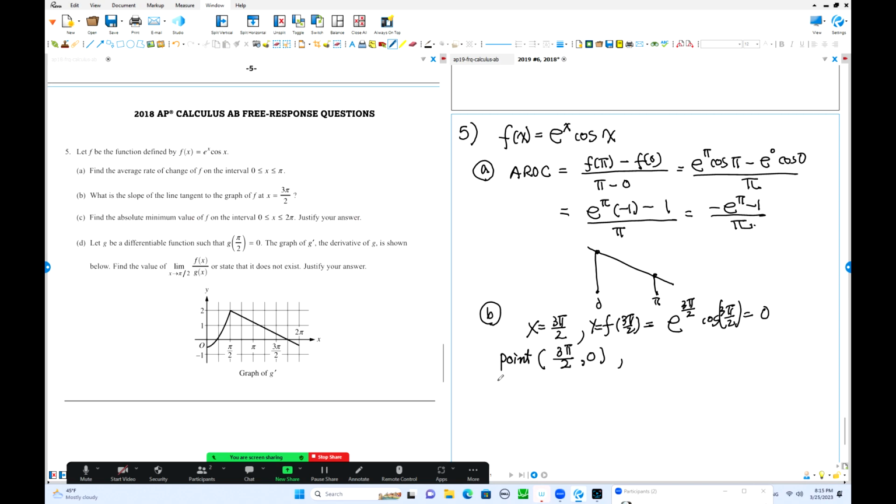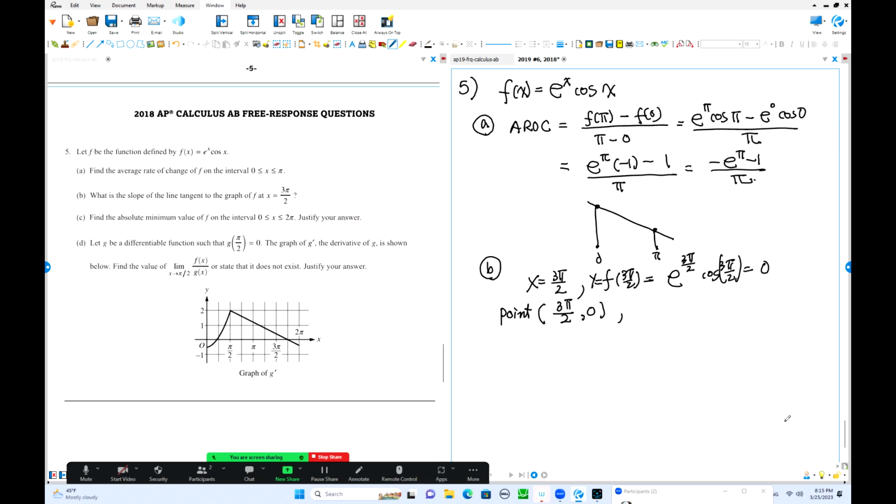Now we need the slope. That's right. Slope is what? f prime of x when x equals 3 pi over 2. You're going to find this slope, okay? This is the slope of tangent. It's okay, right?